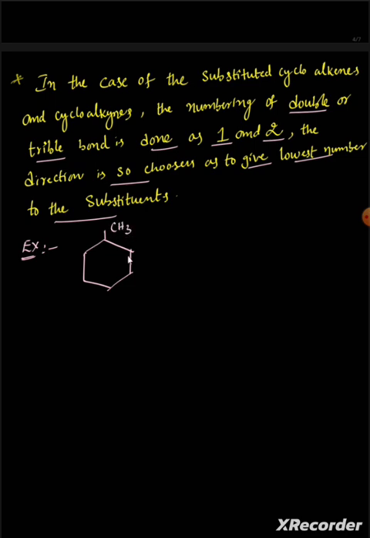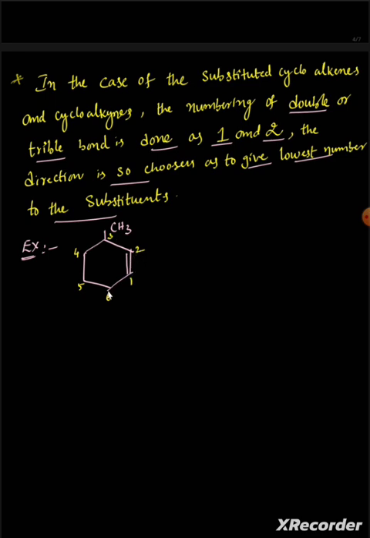CH3 substituted. Here double bond is there. Then naming of this compound is 1 2 3 4 5 6. Here for double bond we are giving least number and substituent getting least number.